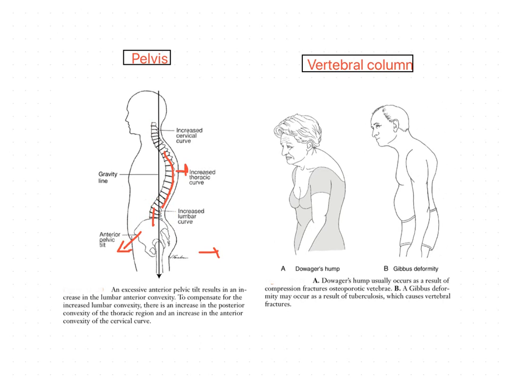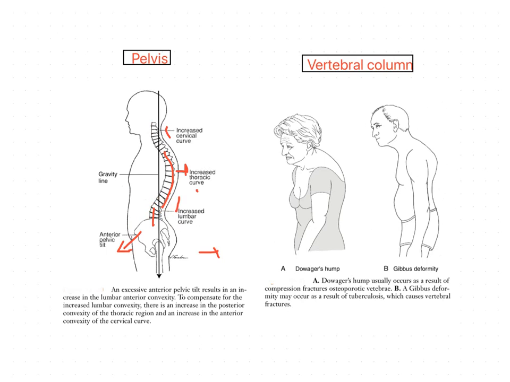For this condition, there is a compensatory increase in the normal lumbar curve as well as the cervical. Kyphosis may develop as a result of poor postural habits or osteoporosis.